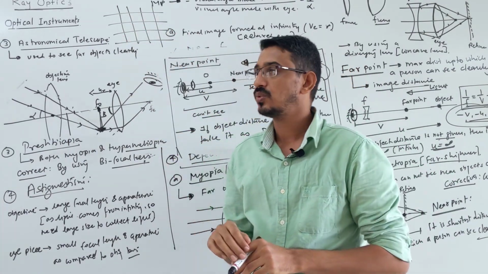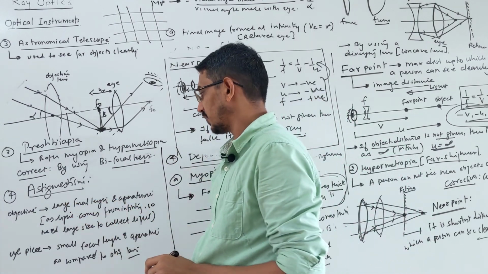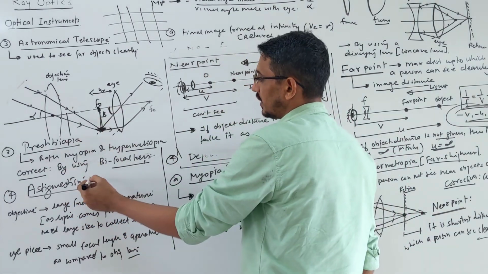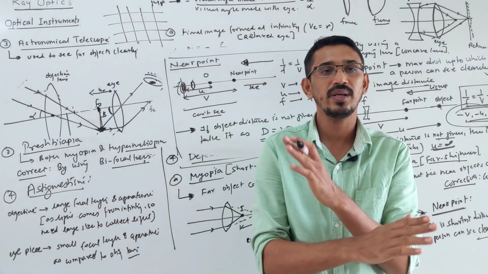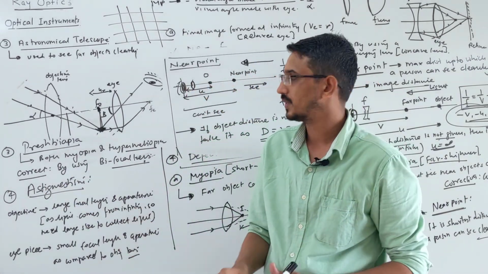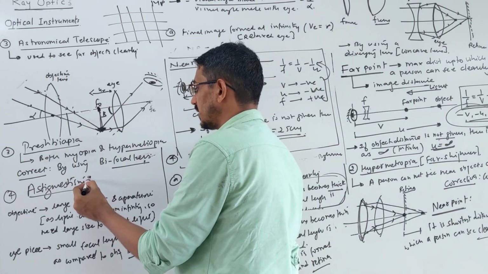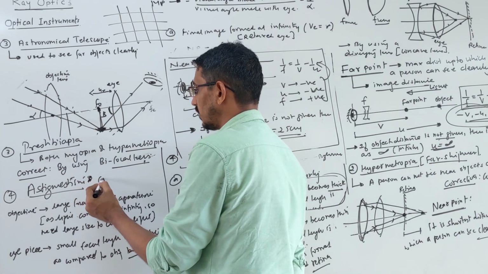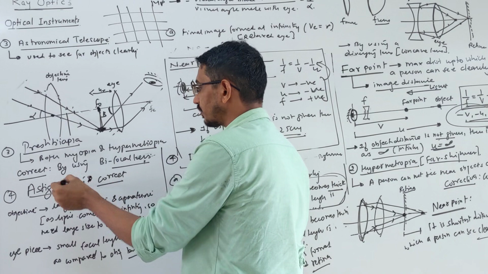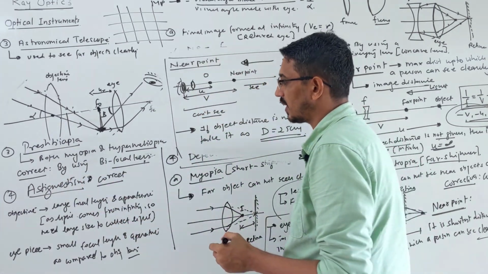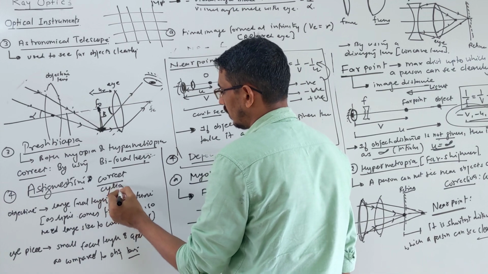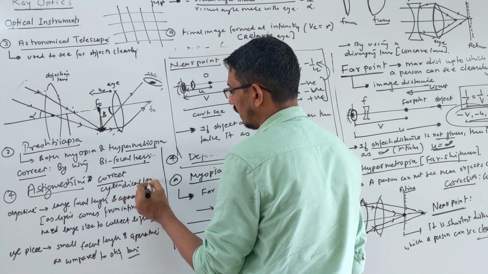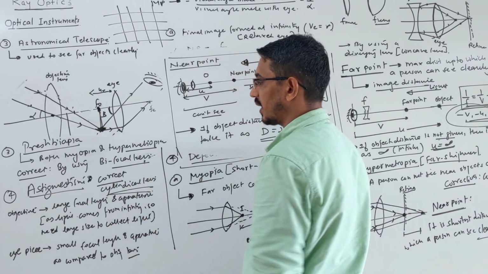So this defect is called astigmatism. Write a few words here: a person cannot see the horizontal and vertical lines clearly. How do we correct this? Astigmatism is corrected by using a cylindrical lens.